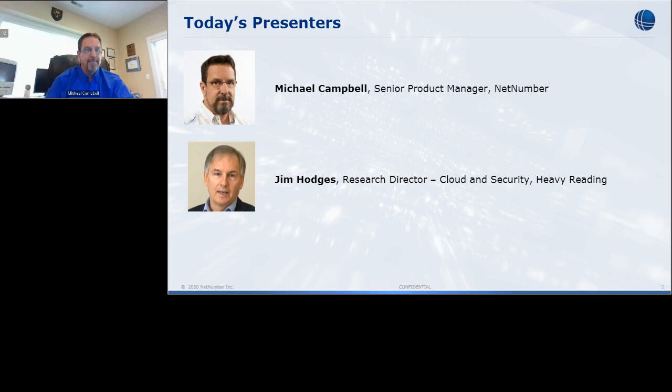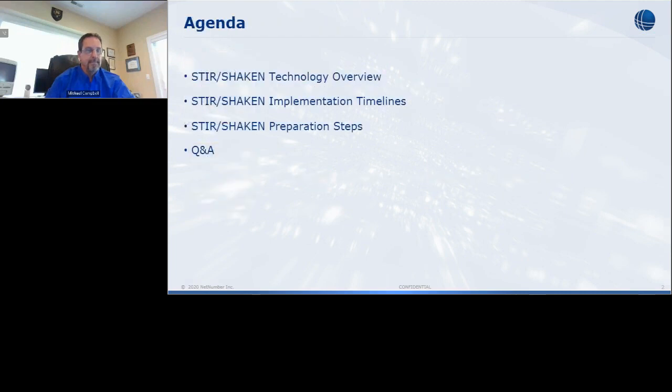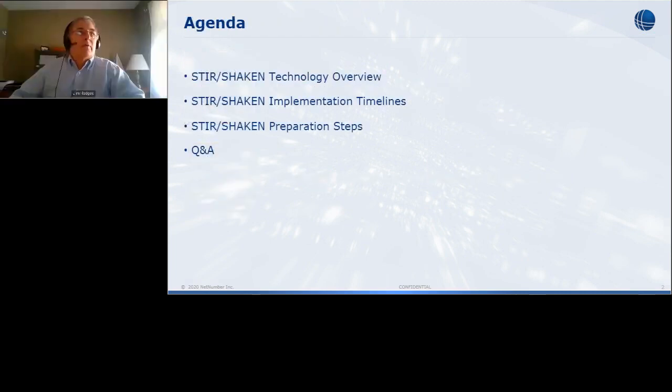Great. So today's session is really three key parts. At first, we're going to talk a little bit about Stir Shaken from a technology overview, take a look at how Stir Shaken technology works, kind of a reference architecture, and then we'll talk about all the Stir Shaken implementation timelines, which are obviously critical to meeting regulatory compliance.